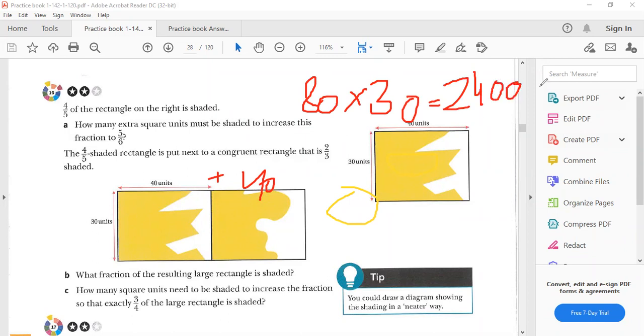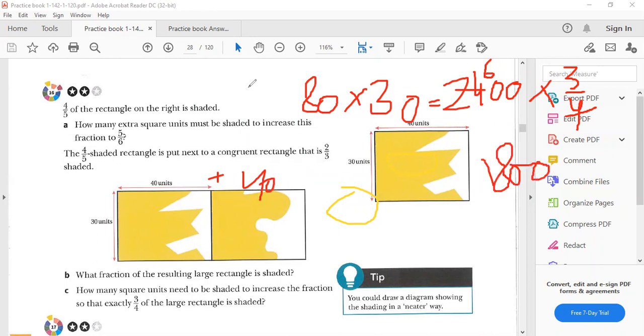This 2400 we simply multiply with 3 by 4. 4 sixes are 24, so one quarter is 600. 600 multiplied by 3 is equal to 1800. So our answer will be 1800.